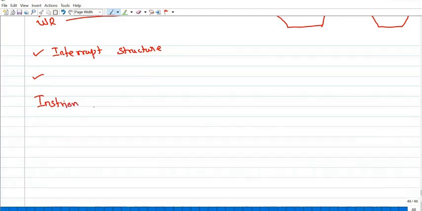Instruction sets related with the interrupts. These were left out during the explanation of the instructions.